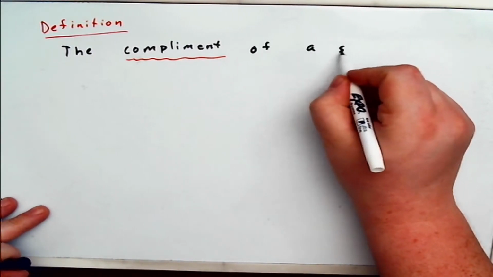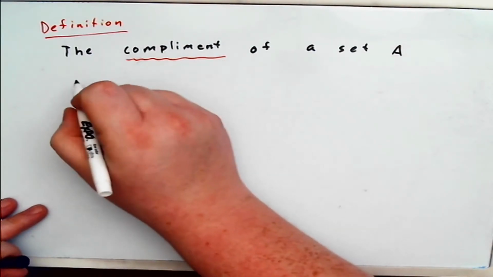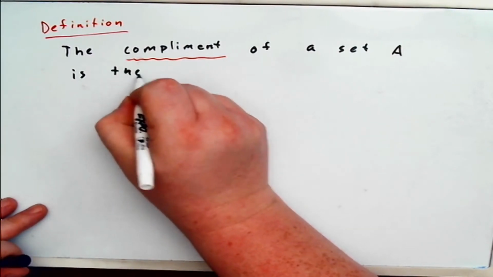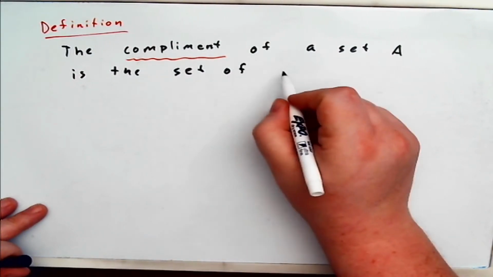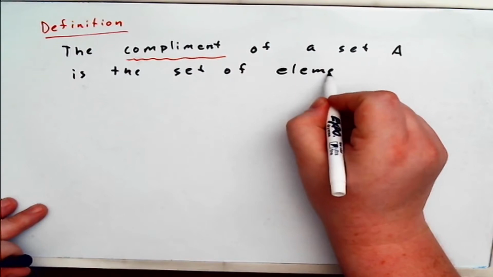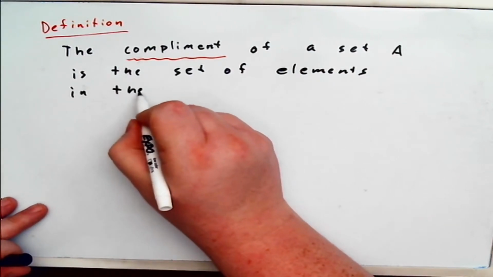of a set A is the set of elements in the universal set.